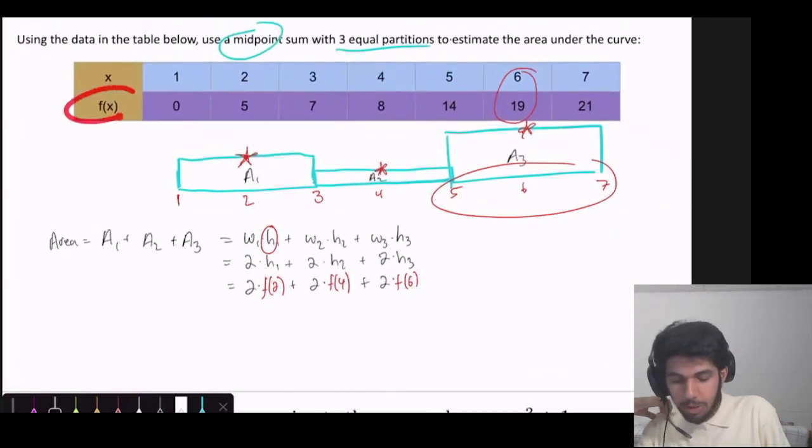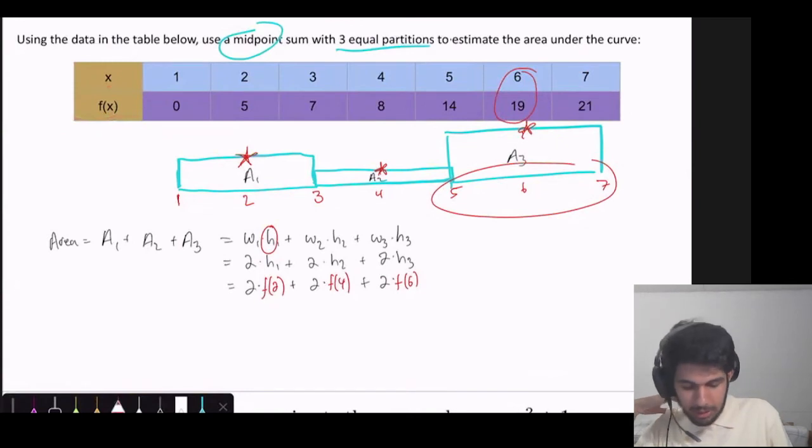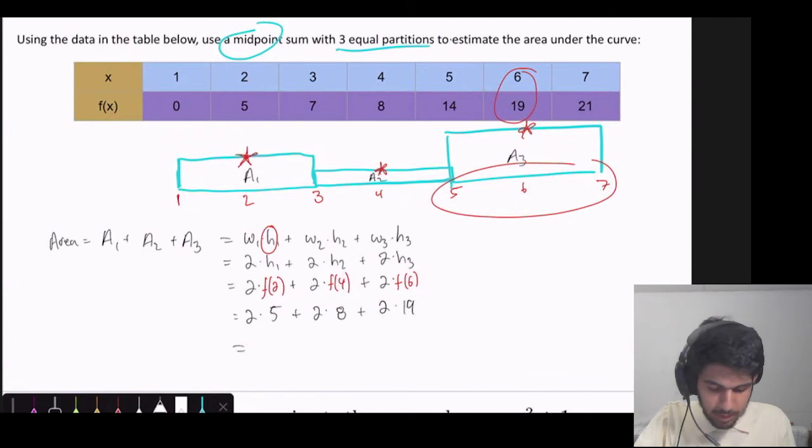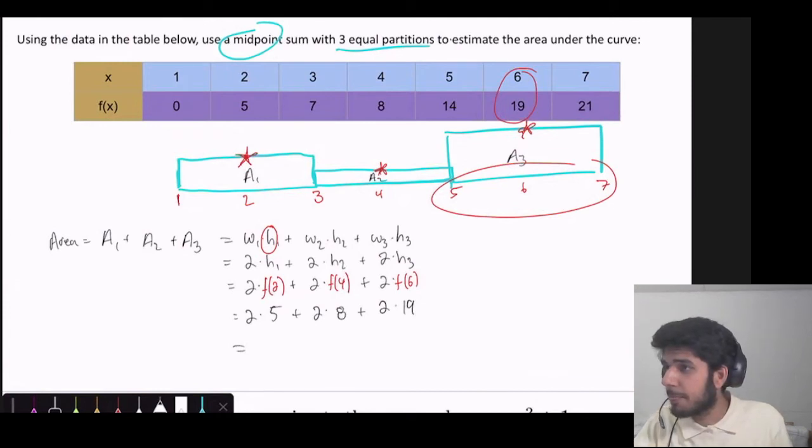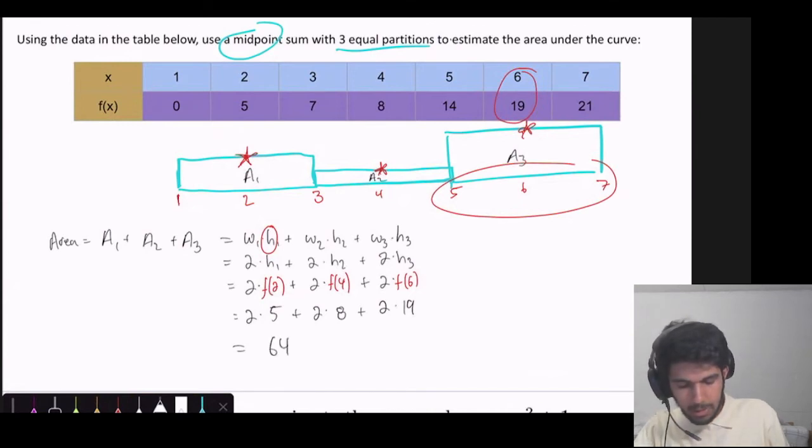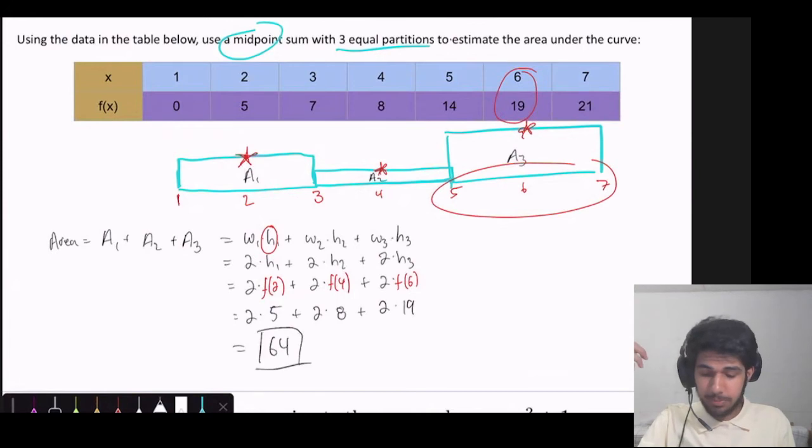And we are provided all these values in the table. So we can do substitutions. f of 2 is 5, f of 4 is 8, and f of 6 is 19. If we compute this out, this is what, 64? Yes, 64. And that is our answer.